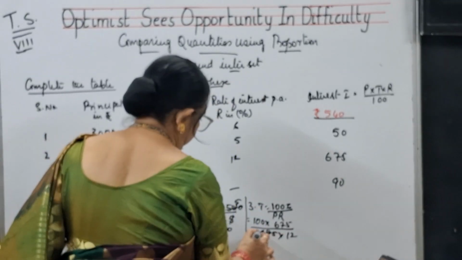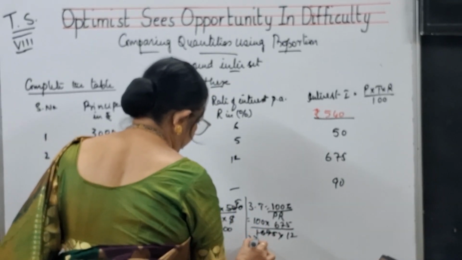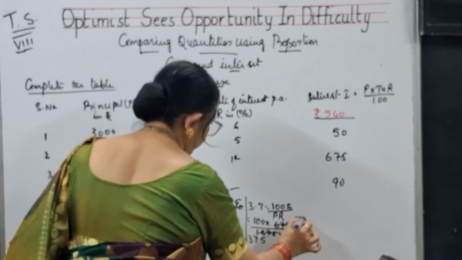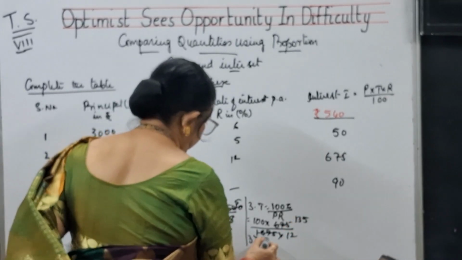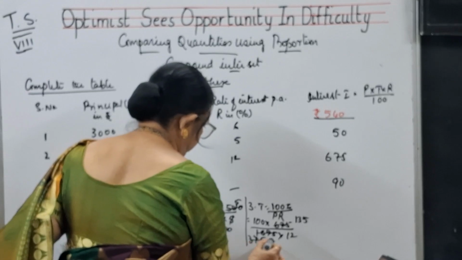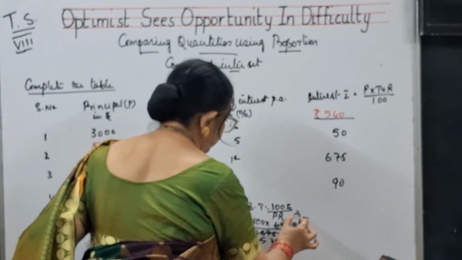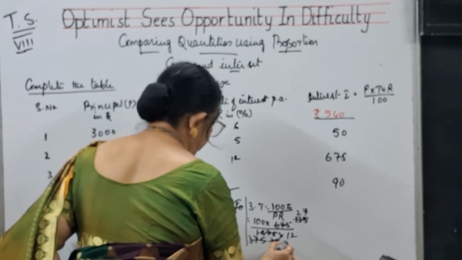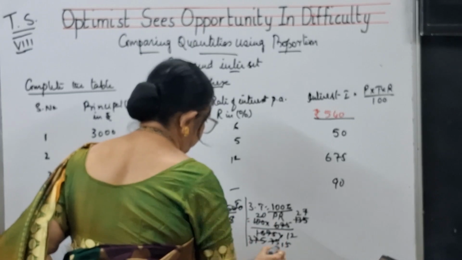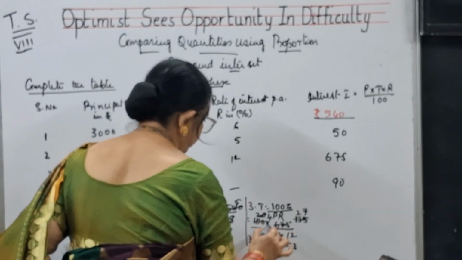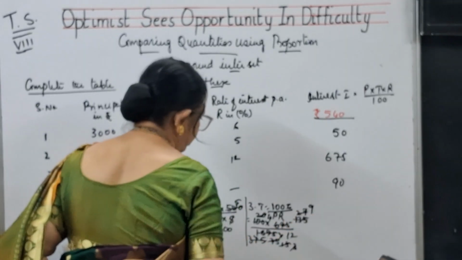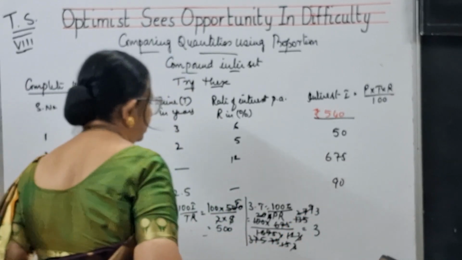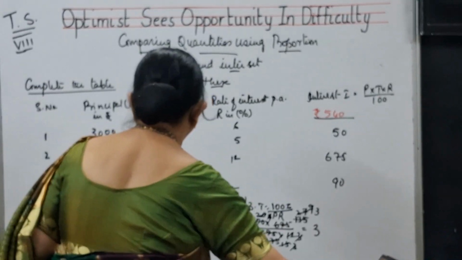Doing the division step by step, ultimately 3 you have got it here, children. So the answer here is 3.